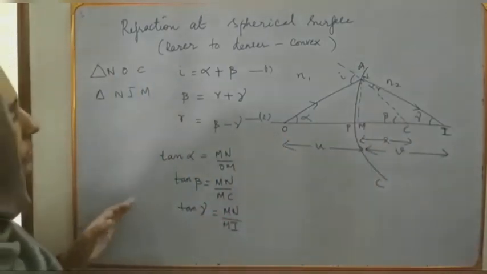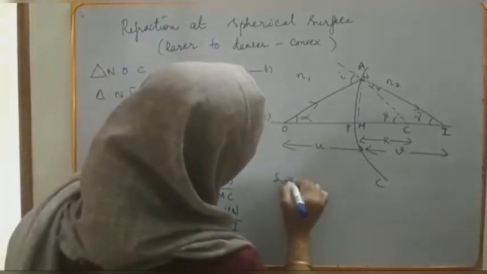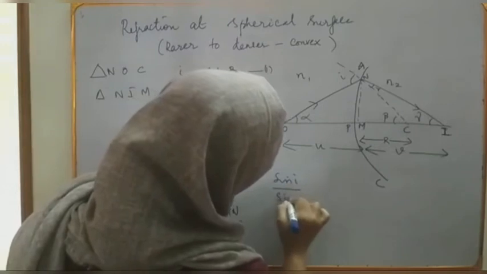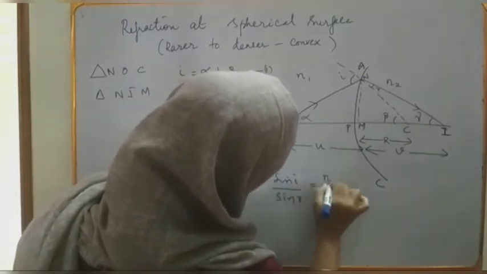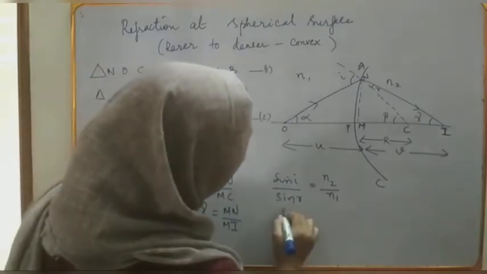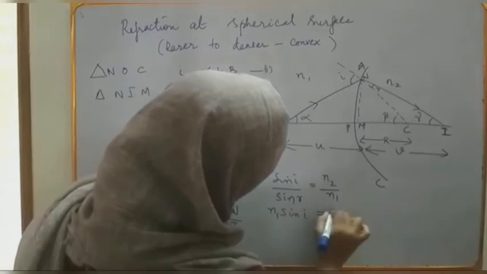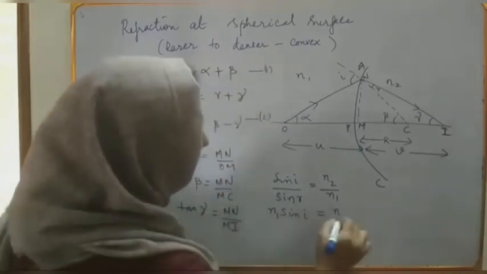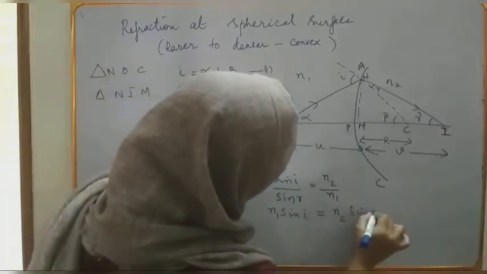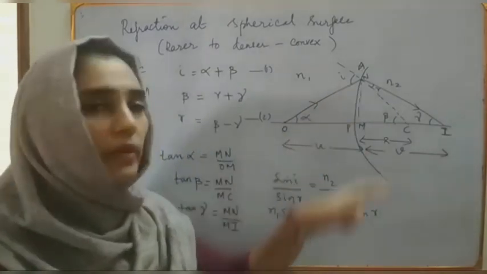Okay. Now I'm going to write Snell's law. What is Snell's law? Sin I by sin R is equal to N2 by N1. I'm going to cross multiply this. So it will be N1 sin I is equal to N2 sin R. Now we know that for small apertures, angles will be very, very small.